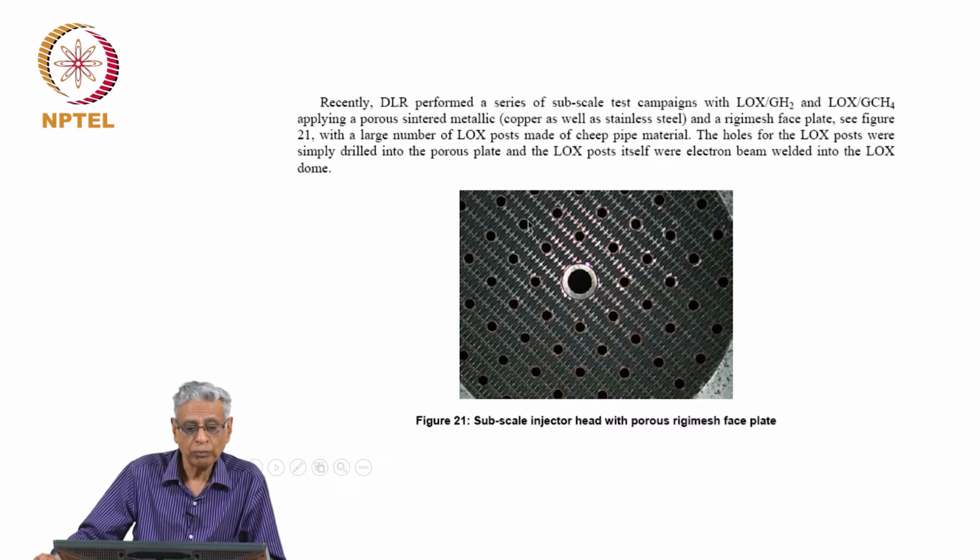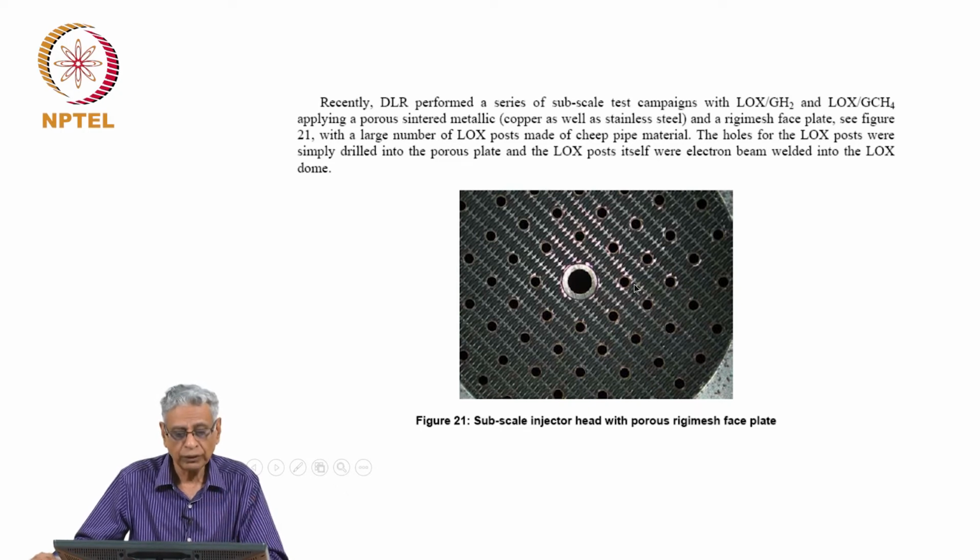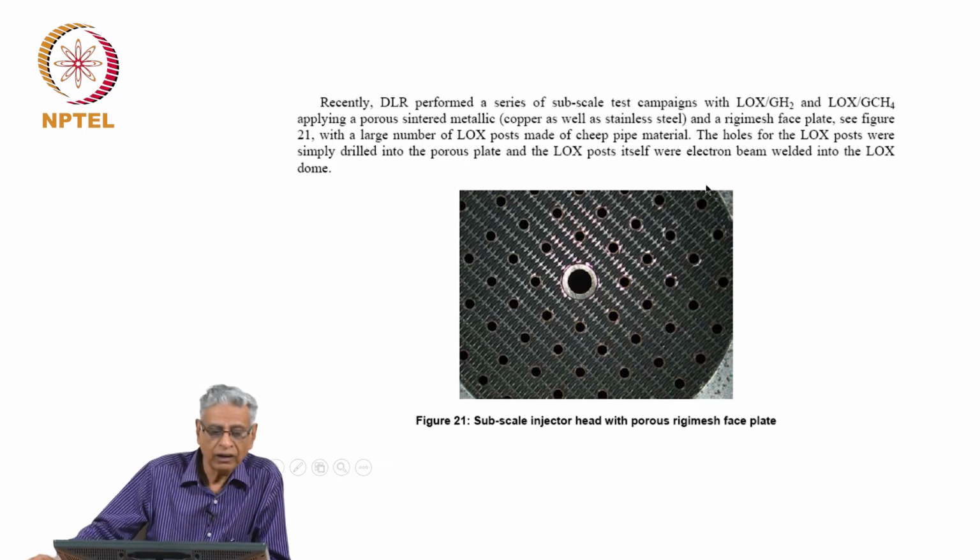they did also perform experiments where the hydrogen as a gas was let through small ports, and this is called Rigimesh, and the LOX post also was introduced, with what they claim as cheap pipe material. This is just copied from their paper.